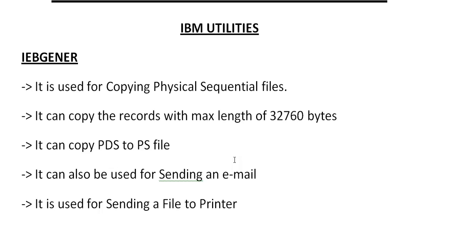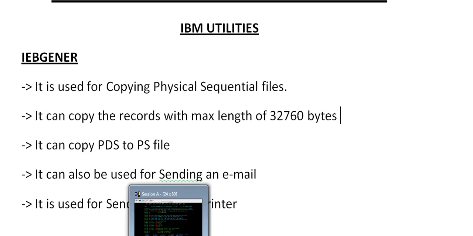So they use this email step. It is also used for sending a file to a printer. There will be a lot of files that need to be sent to a printer. IEBGENER has that flexibility. It is very important in real time: this email, printer, copying a physical sequential file, it plays a very key role.